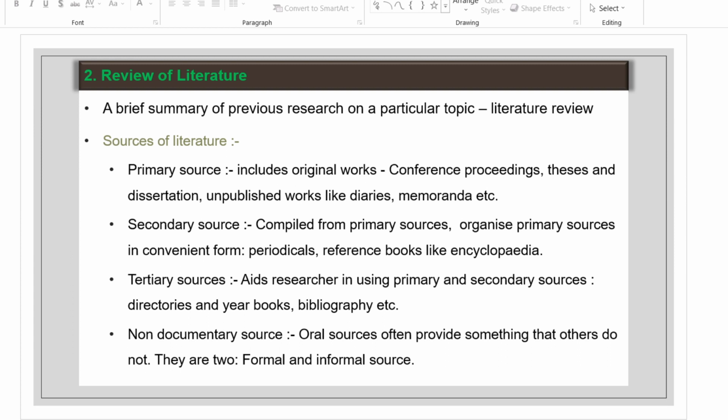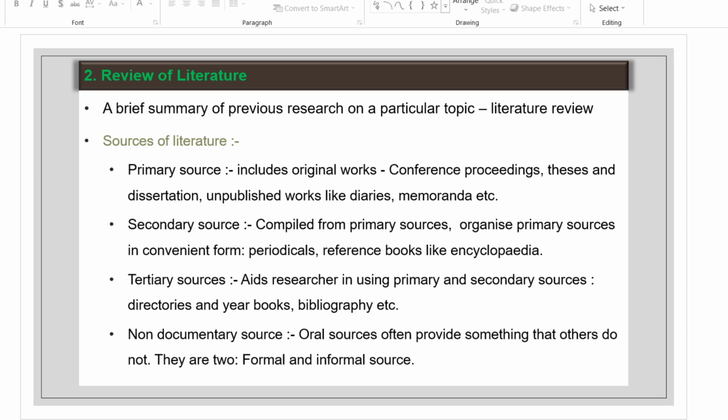Now let's see the second step, review of literature. Review of literature means already in the past there may be existing study about what we are studying now. So we have to get a brief summary about the previous research. That is review of literature.